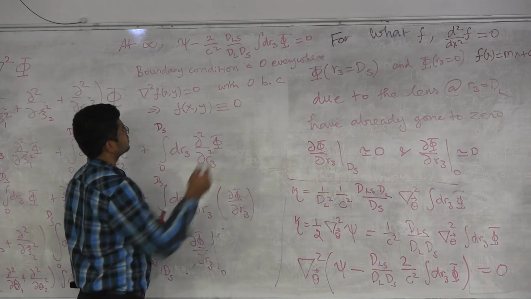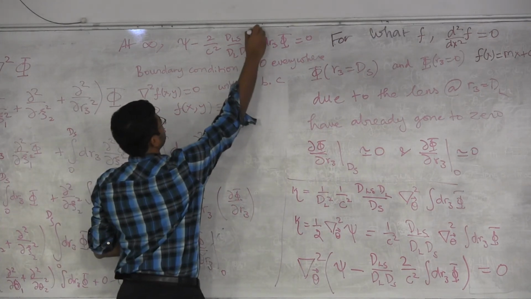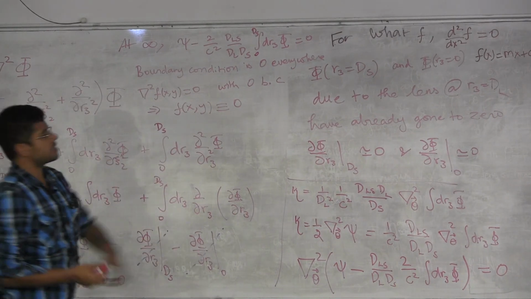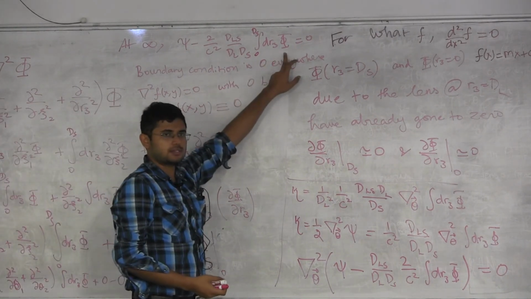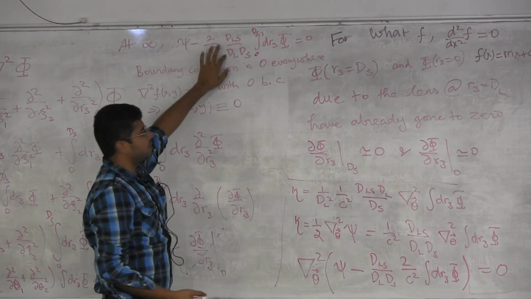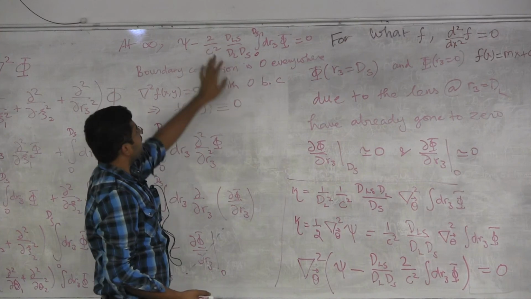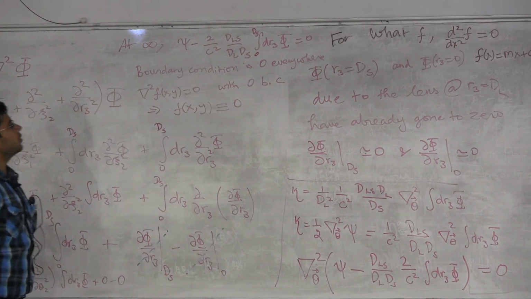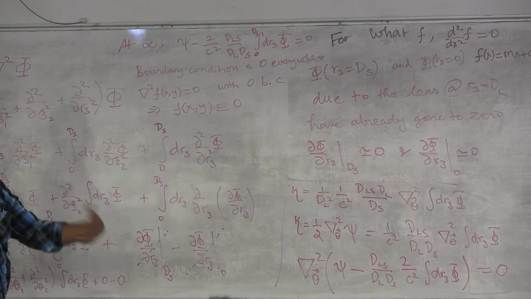So this goes from 0 to D_s. So if you specify a gravitational potential corresponding to a lens located at some D_l, then I can tell you what is the lensing potential for the particular source and the particular lens.